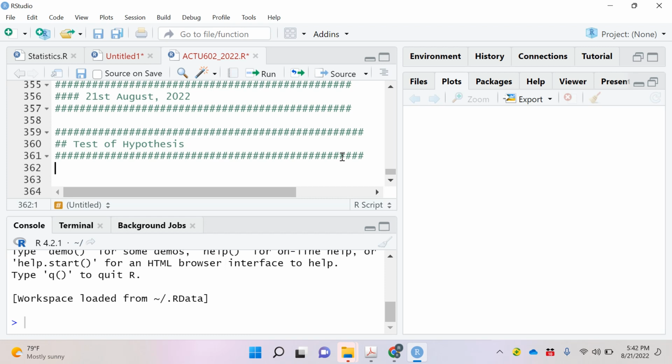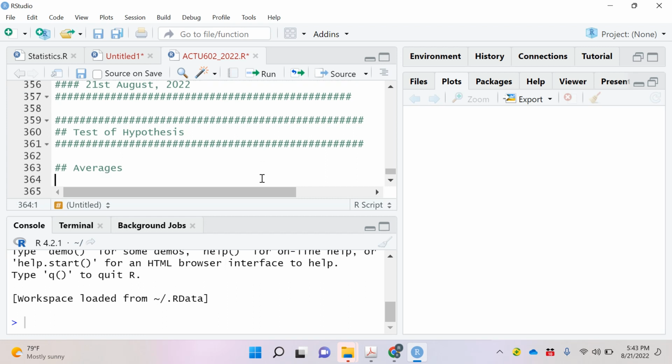So the first one we talk about is where you have one sample, and here I'm talking about an average, right? So tests concerning averages. The first one we'll talk about is when you have one sample, and there is a claim concerning this sample.